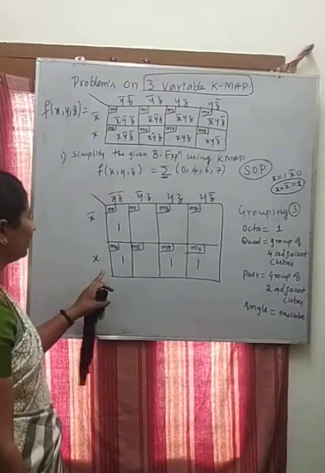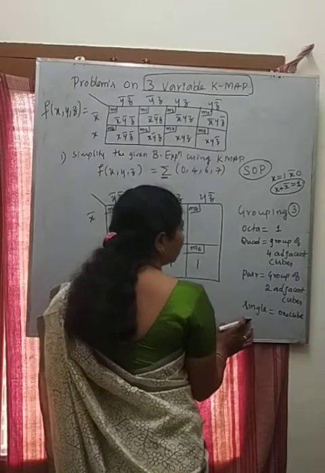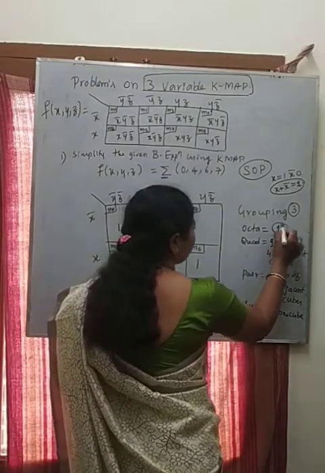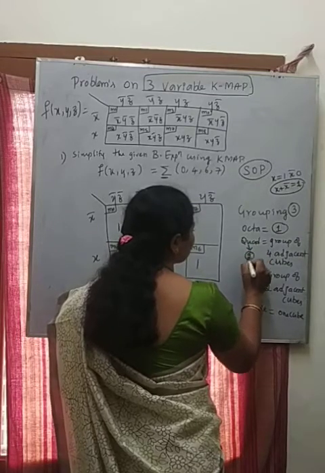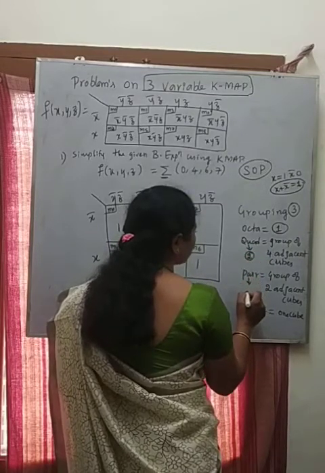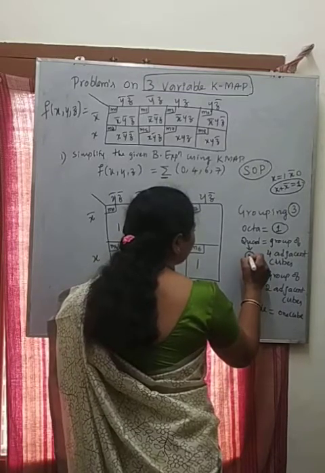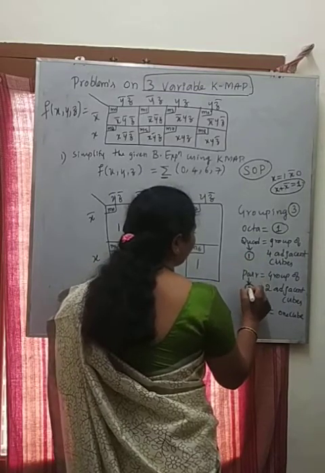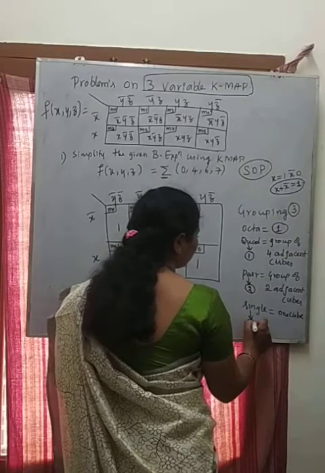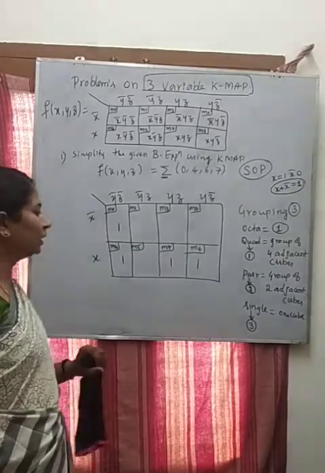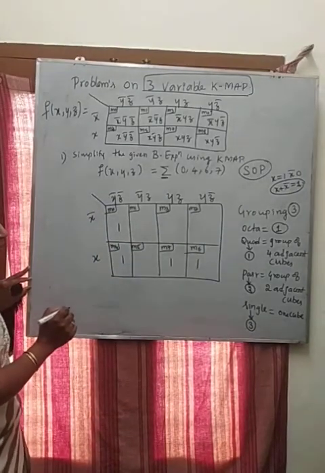See here, the maximum you will get here: octa reduces to output 1. Quad reduces to 1 variable. Pair reduces to 2 variables. Single gives you 3 variables. How can we do quad, pair?